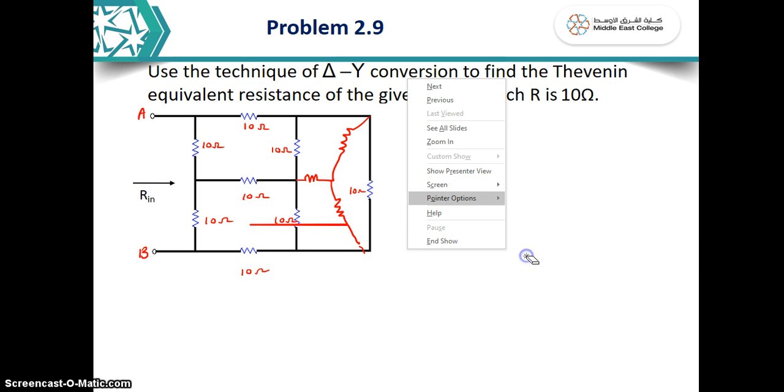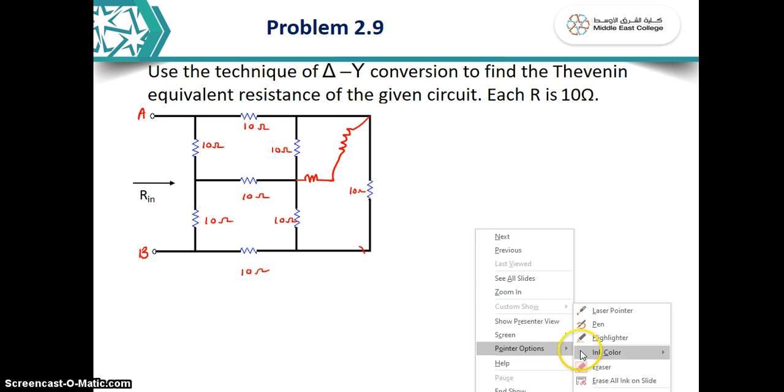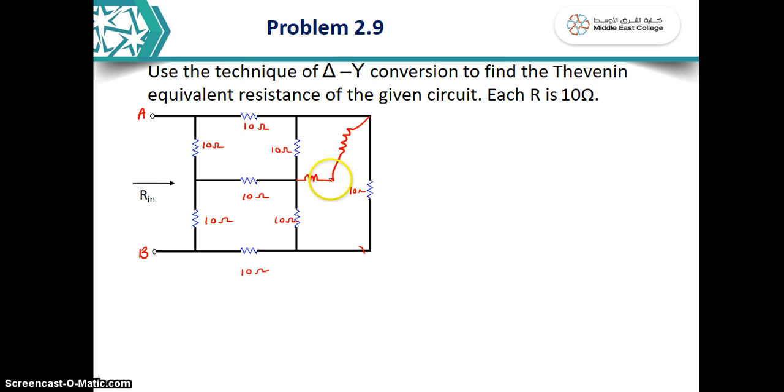This is the way I converted the delta network to a Y network. So let me mark this as R1, this as R2, this as R3. Alright, so now I have to find R1, R2, R3.